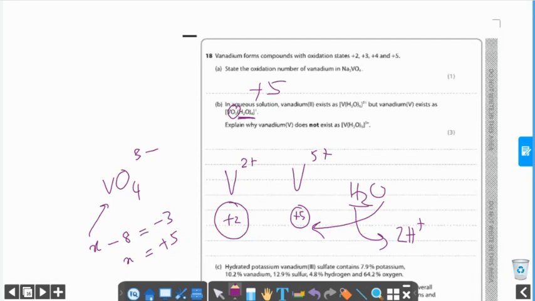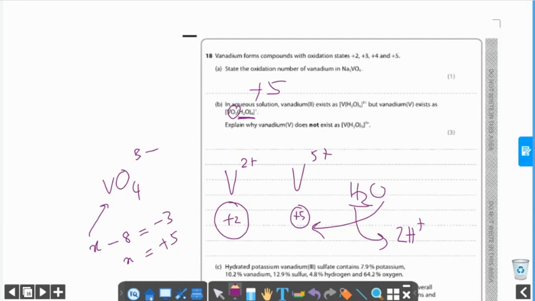So you get the first 3 marks. You can also talk about the space, but if you talk about the space only, I don't think you get all 3 marks, because if you say the space is small for 5+, you're only addressing part of the question.